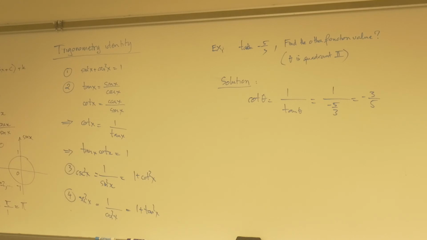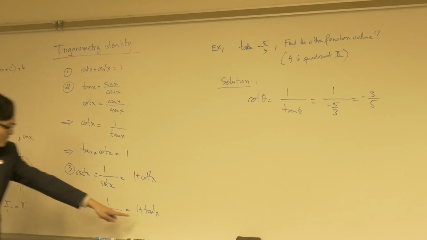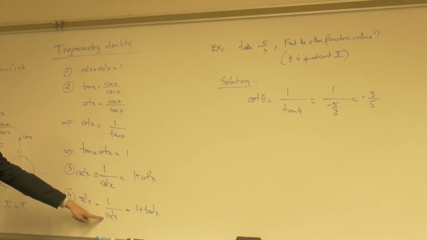The first one gives you sine and cosine, but we don't want to use the triangle anymore because right now we learned trigonometry identities. So what formula are we going to use? 3 and 4, of course. They give you tangent, so now we can find cosine.